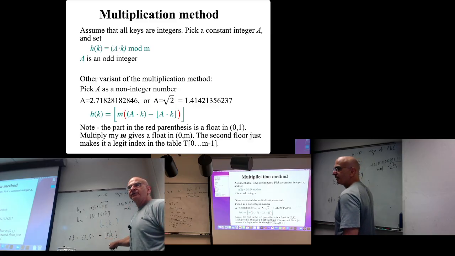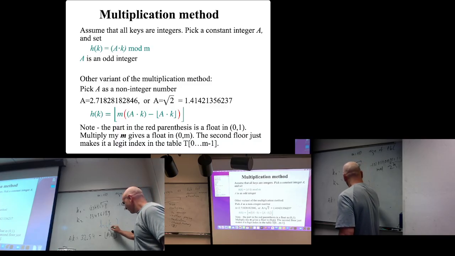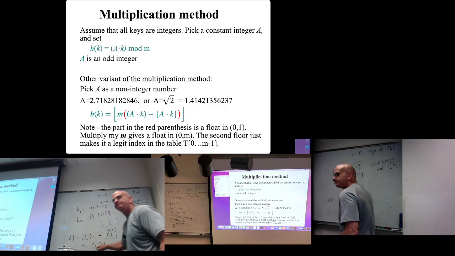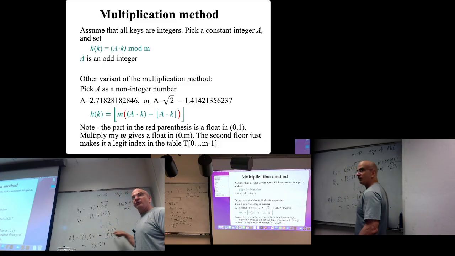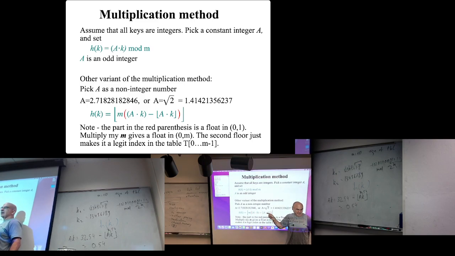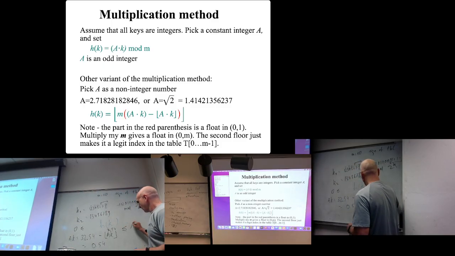What is left out of here? 32.54 minus the floor, 32. You're getting at the end 0.54. Only the fractional part of a times k is left. Right? This expression means that you are left with only what comes after the decimal point, a value between 0 and 1.